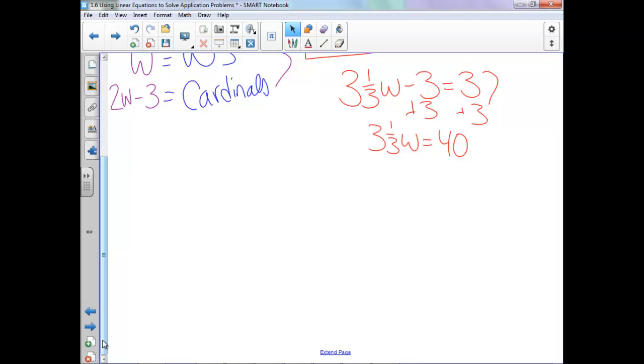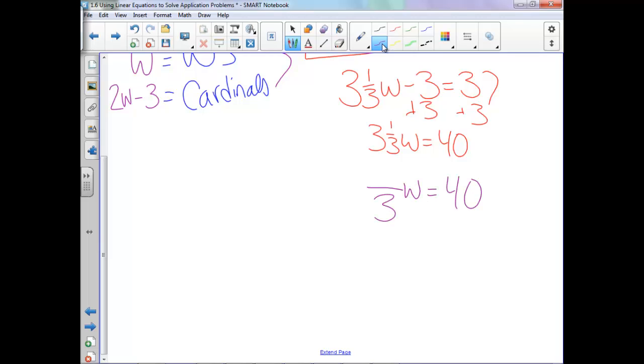And remember to do that, you keep your denominator the same, and then it's 3 times 3, which is 9, add 1 is 10. And if you look, 10 over 3 is 3 1/3, so we did the right thing.